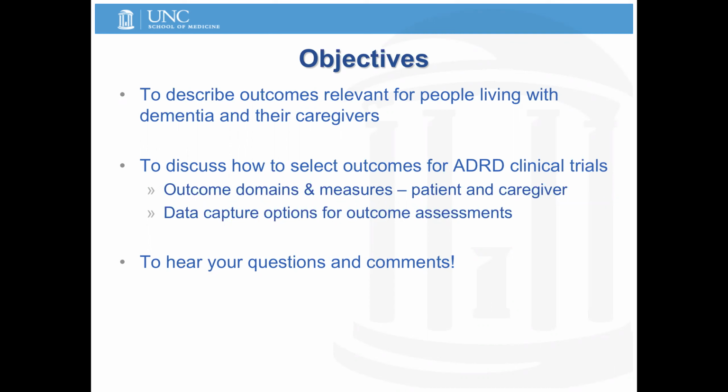And then we're going to spend time discussing how, as an investigator, you might approach selecting outcomes if you were designing a clinical trial for people with Alzheimer's disease and related dementias. I'll talk about outcome domains as well as measures that match up with those domains for both patients living with the disease and for their caregivers.